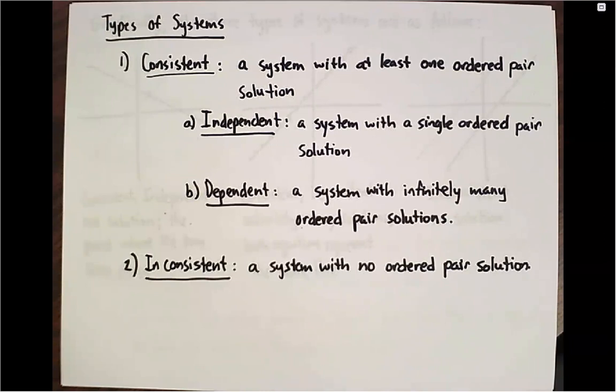Consistent systems have at least one ordered pair solution. They may have one, or they may have infinitely many. If it has one solution, that is called an independent system.